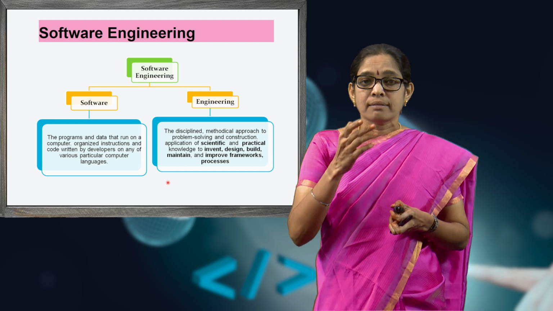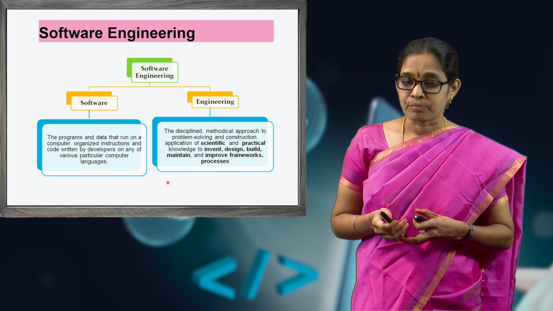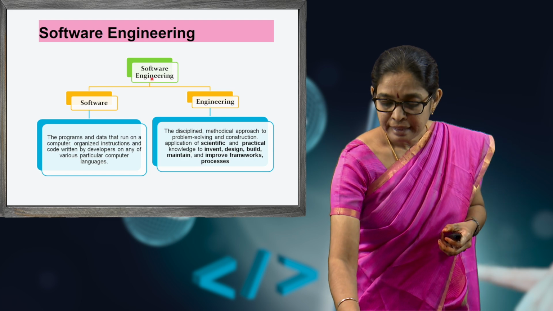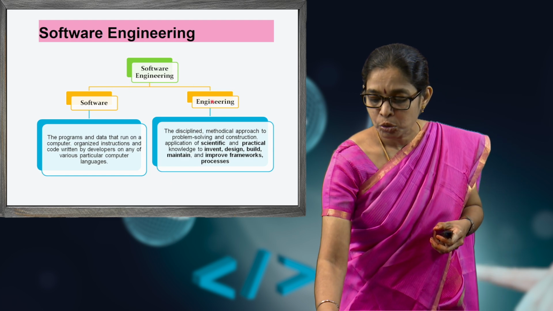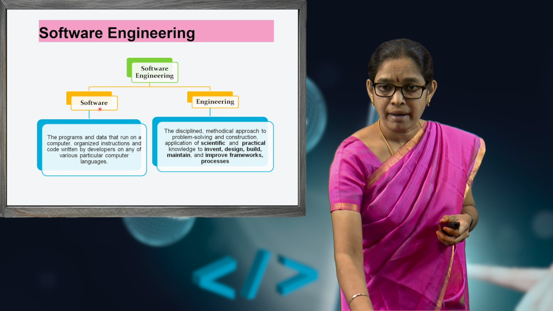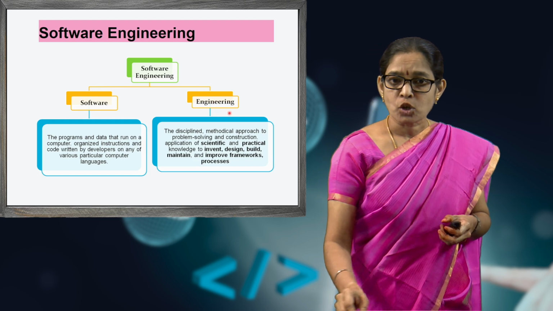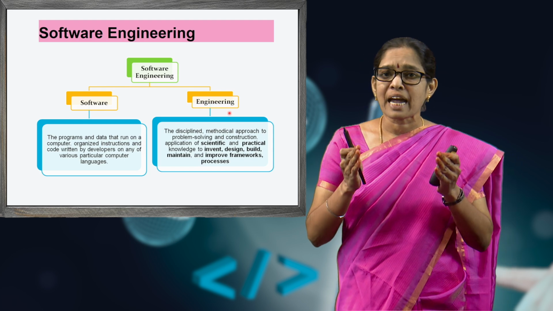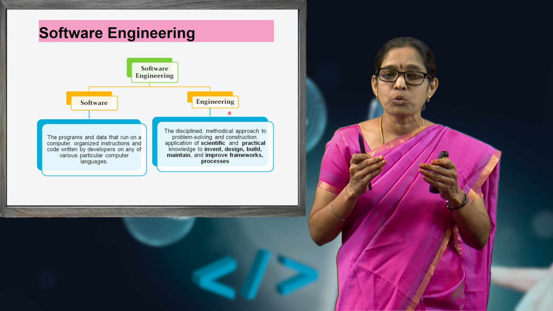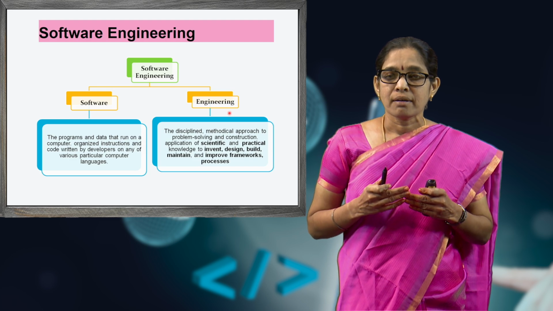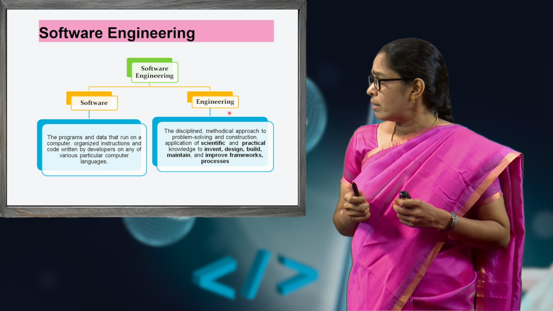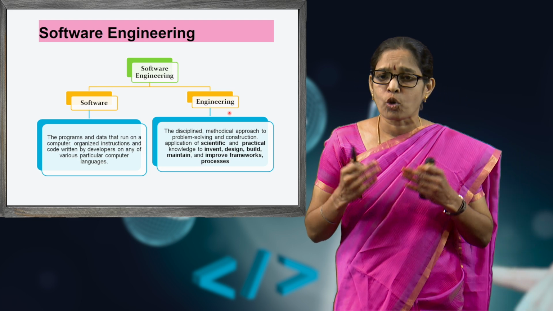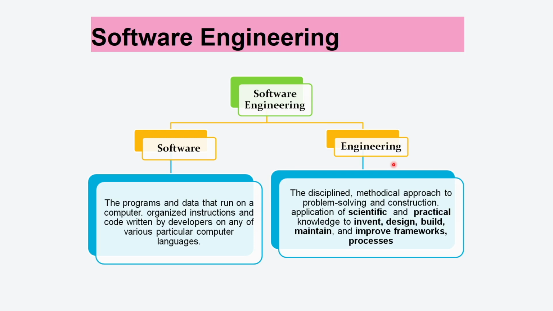Next, the term software engineering. Software engineering is composed of two words, software and engineering. Software is a program or a set of programs which are created by the developers by using various programming languages. Engineering is a discipline or an application of scientific knowledge to invent, design, build, maintain and improve the frameworks and processes.